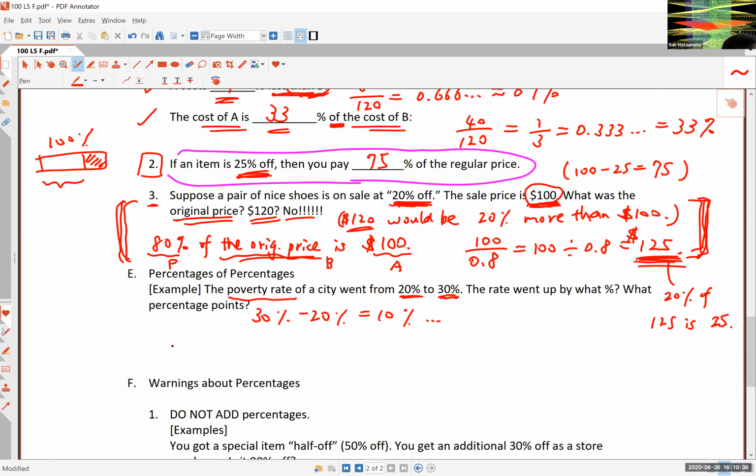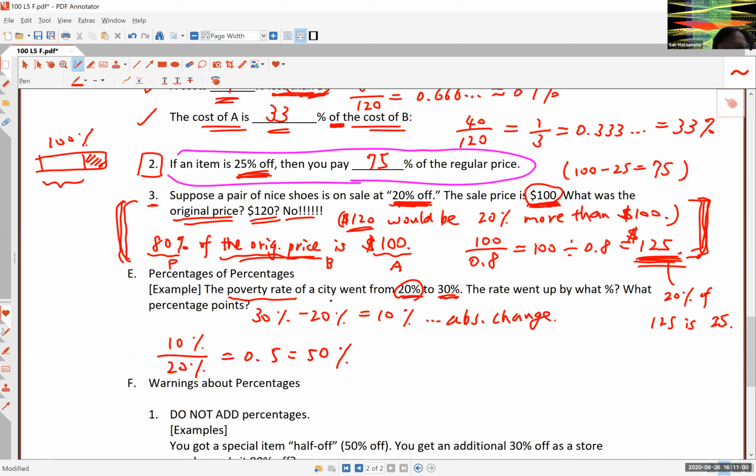What I'm saying is this is the absolute change in percentages. If you're talking about the relative change, then you would have to divide this 10% by the original number, which is 20%, right? And that turns out to be 0.5, that's 50%. Do you see that this is a 50% increase?